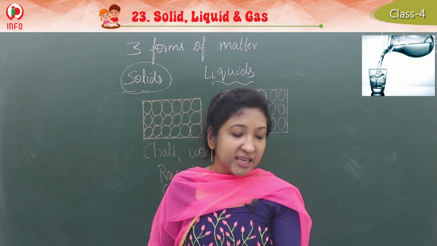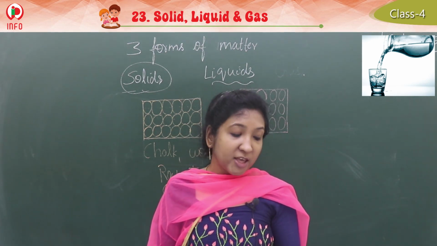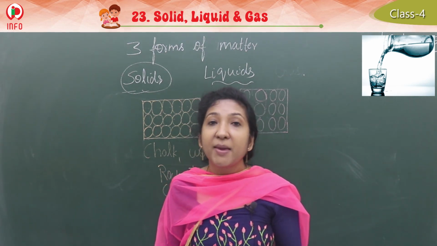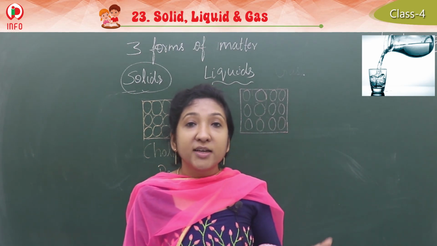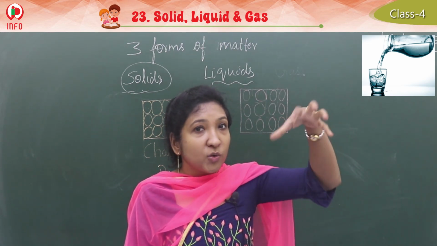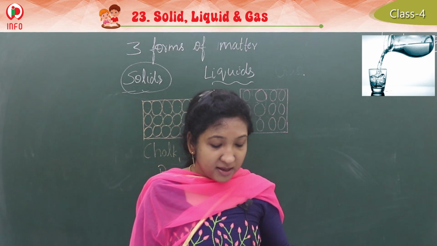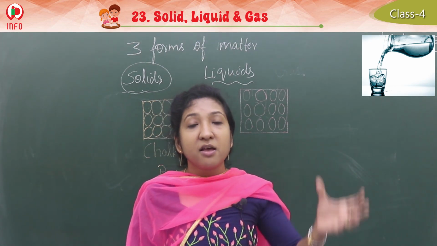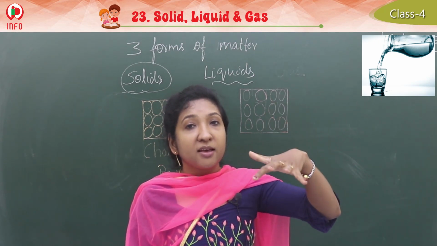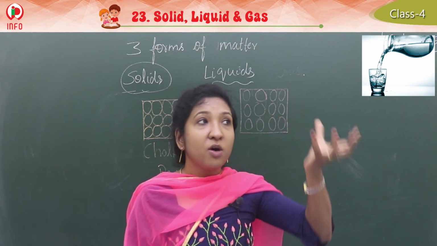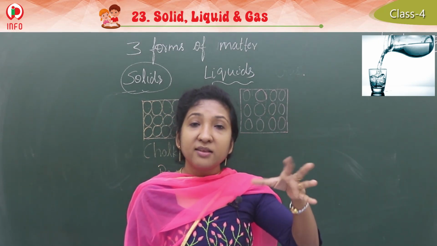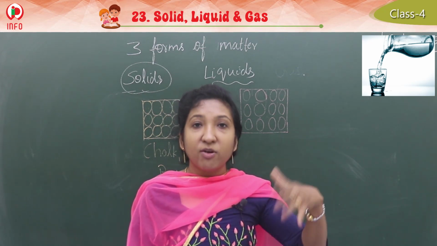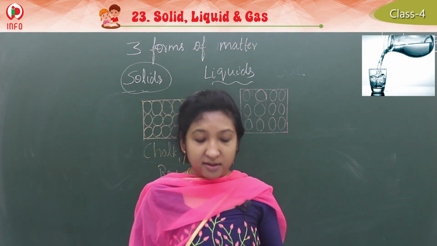This can be easily seen when we pour water from a jug into a glass. You can see the image here. When we pour water from a jug into a glass, what happens? The water takes the shape of the glass, isn't it?